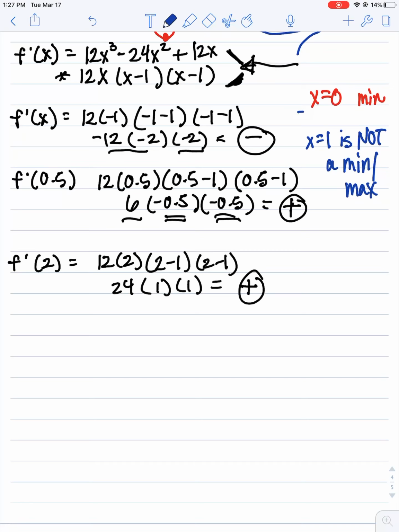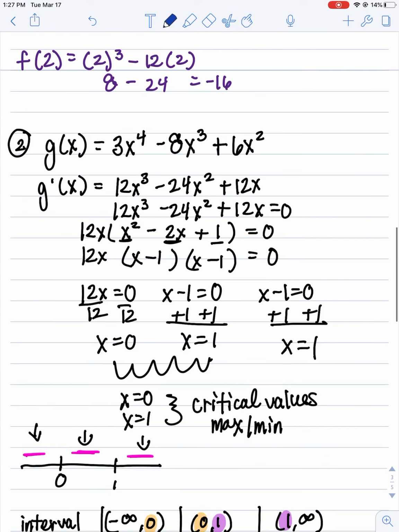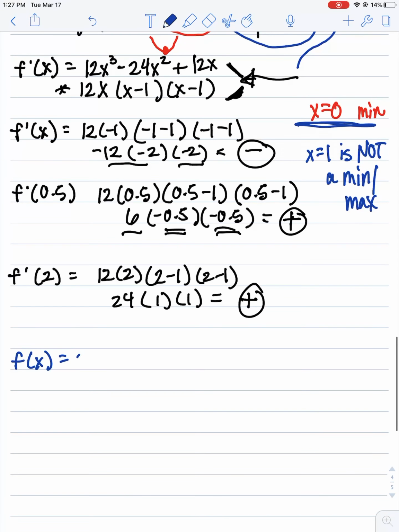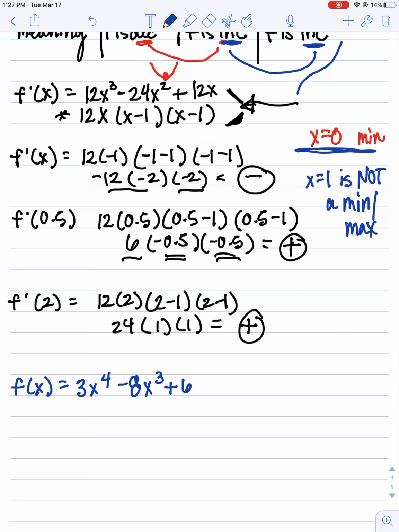And so now the last thing is to figure out the corresponding y value that goes with this. So f of x, if I roll back up, was 3x to the 4th minus 8x cubed plus 6x squared.